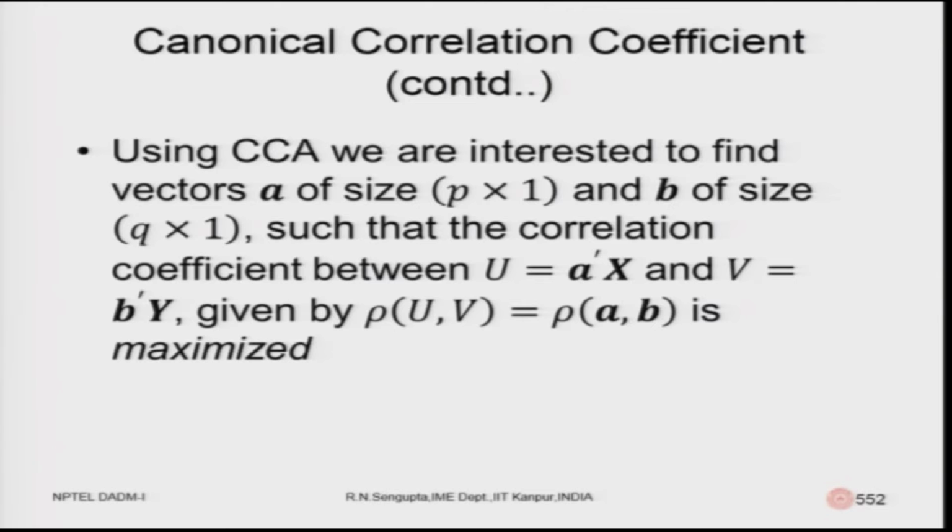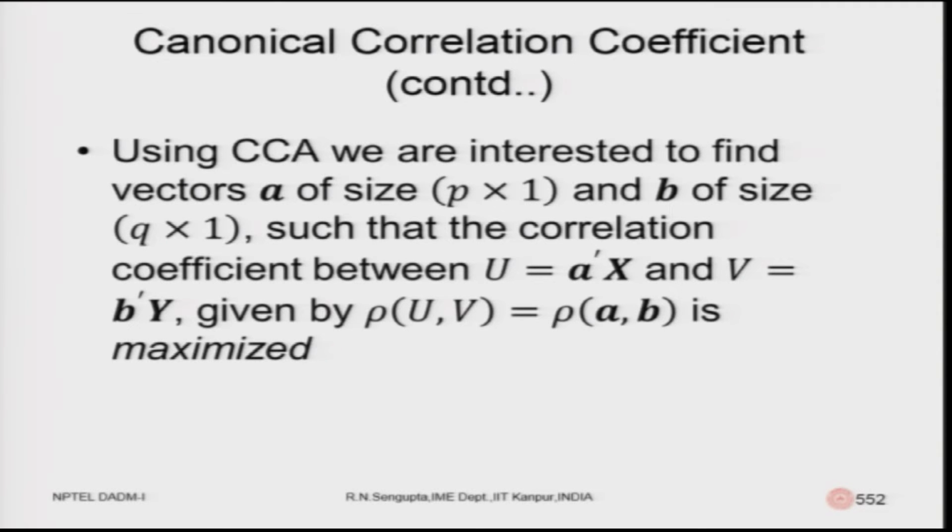Now, using the canonical correlation coefficient, we are interested in finding the vector A. Vector A would be numbers of size p cross 1, because x is the set of random variables of size p.